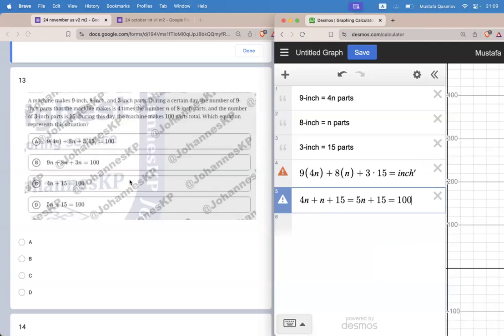So here the answer will be 5n plus 15. Do you have any question until here? No?